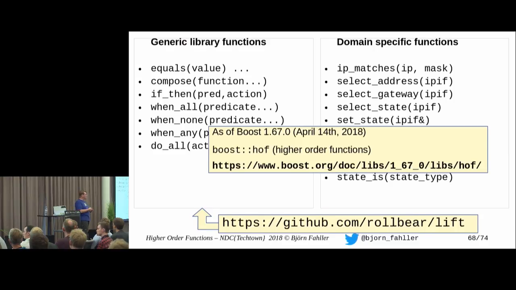Actually, it's only compose that is the overlap. Boost Hof has a number of other really cool stuff for currying functions and rearranging the parameter order in functions. Also, Boost 1.68 was released just a couple of weeks ago, so it might be a good idea to look that one up. But as far as I could see, Boost Hof hasn't had any change in its functionality. Maybe there are bug fixes.